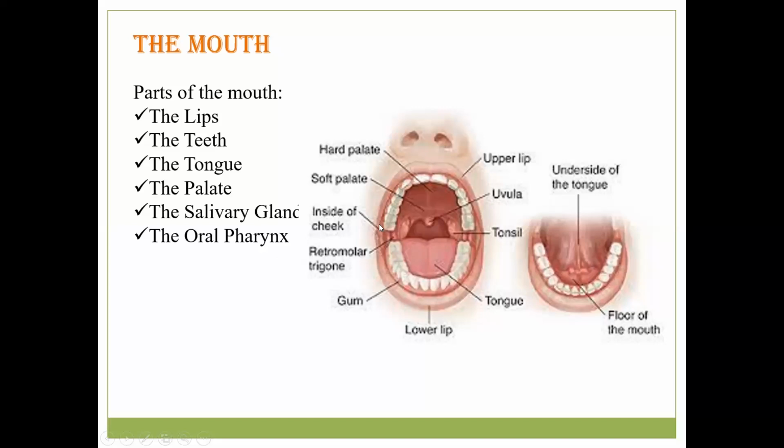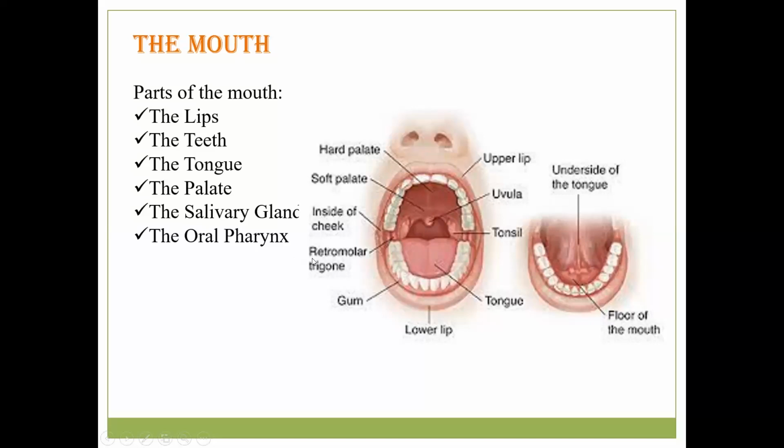You have two rows of teeth, lower and upper rows. Then comes the tongue. The tongue is the muscular structure situated in the middle of the mouth. Then comes the palate. The palate is the area which forms the roof of the mouth.